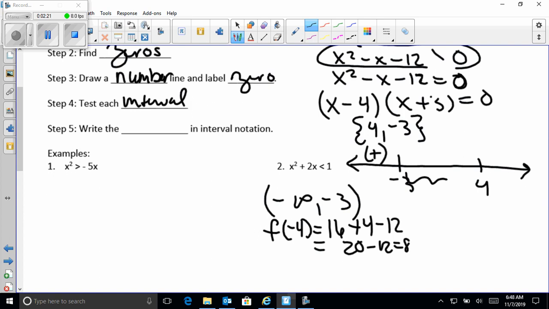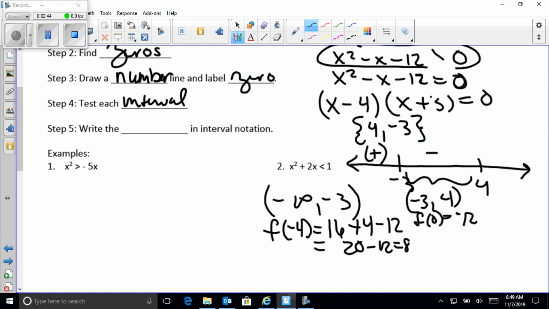Then let's test this next interval. So between -3 and 4, I'm going to test an easy point. Between -3 and 4, I'm going to test 0. That's the easiest one to test anyway. So I get 0 squared, which is 0, minus 0, minus 12.